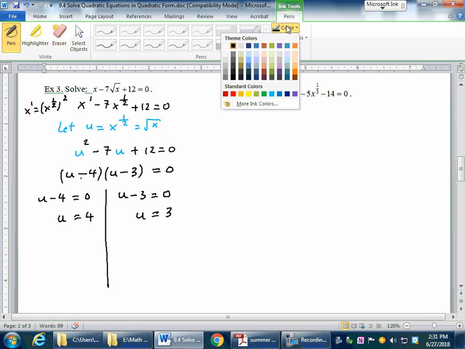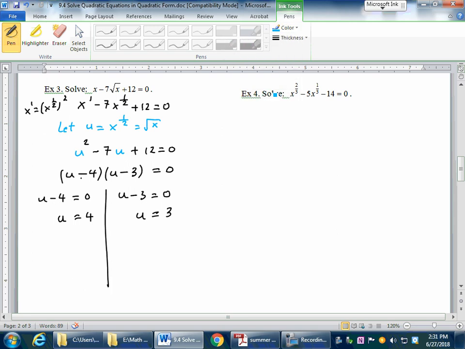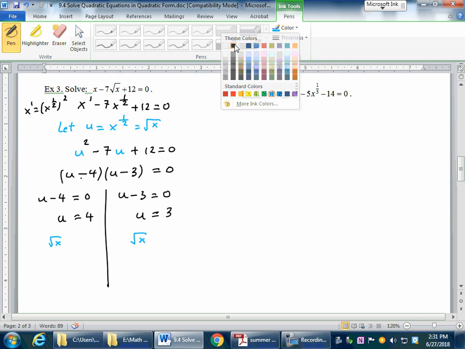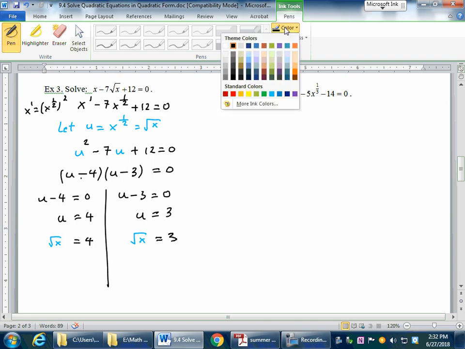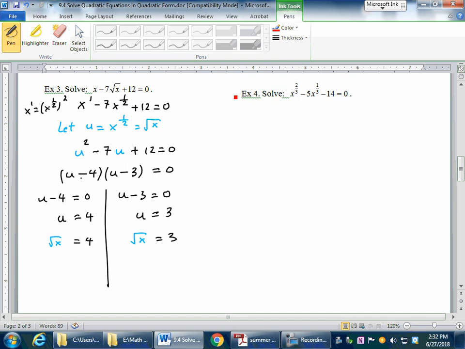Now, substituting back with the original variable, my u is square root of x. So therefore, we got square root of x is equal to 4, and square root of x is equal to 3. Solving a radical equation, one radical term must be on one side. We got that already. Now we're going to raise the power the same as the index. Since this is a square root, we're going to raise the power 2 to both sides.